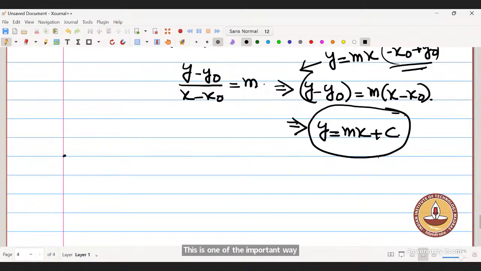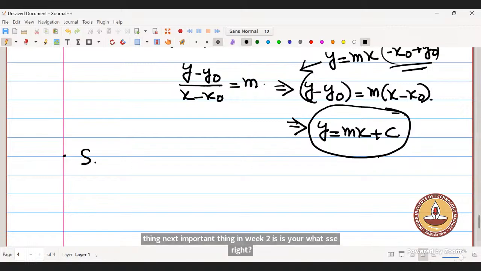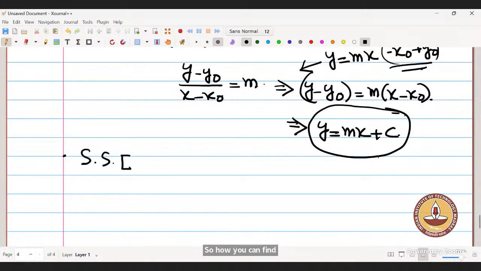And once you have this, the next important thing in week 2 is your SSE, right? So how you can find the sum square error.